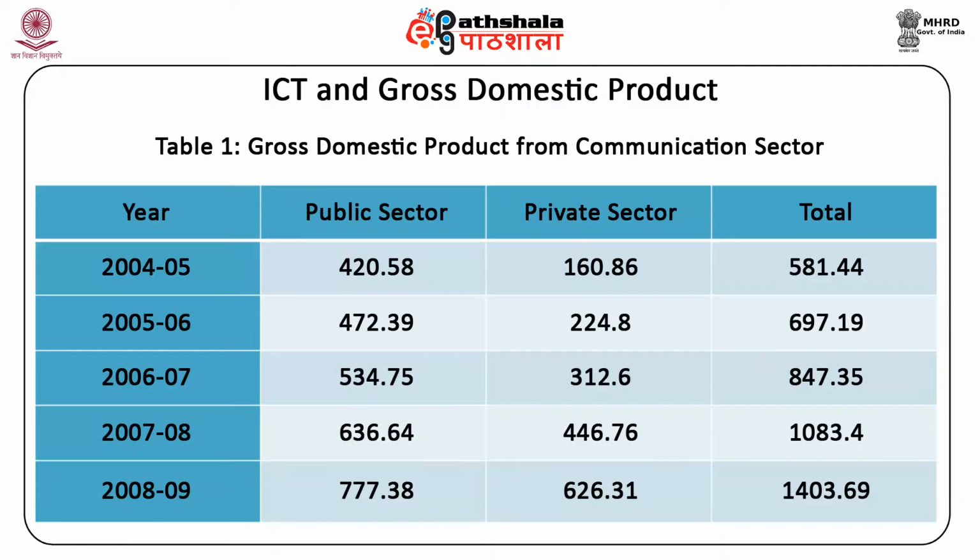The share in the public sector has risen over the years, the share being 420.58 billion in 2004-2005, increasing to 777.38 billion in the year 2008-2009. The following table gives the data of GDP from communication, and we observe that it shows an increasing trend.